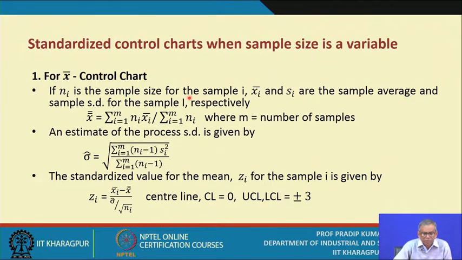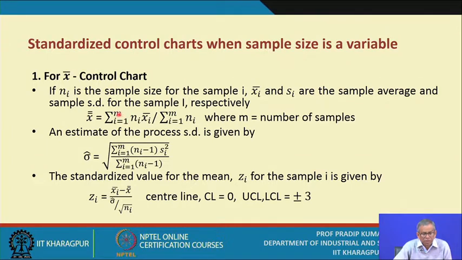Now, when sample size is a variable, we say that if Ni is the sample size for the sample i, Xi bar is the sample average and Si is the sample standard deviation for the sample i. Then you have considered m number of such samples.